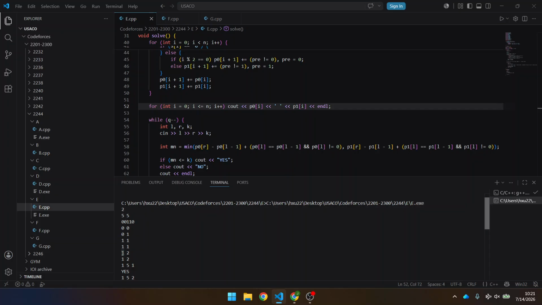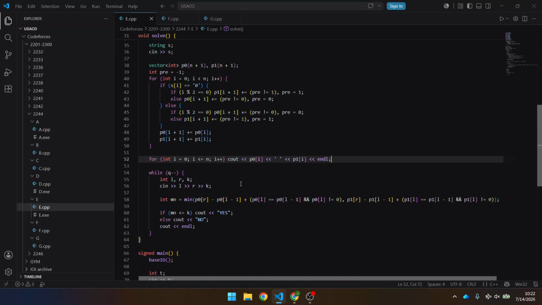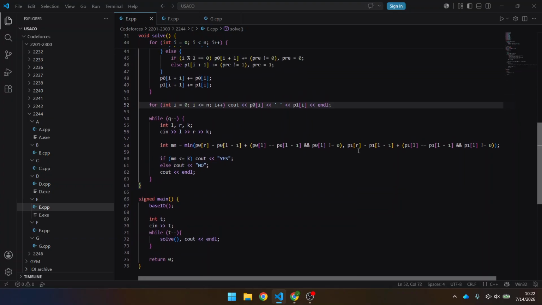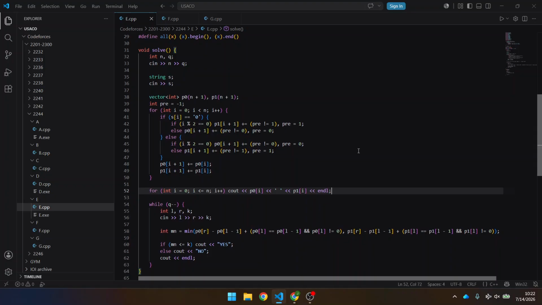For 4, we need 1 over here. 1 minus 1 plus, if we need an extra 1 over here. Not sure where this is.